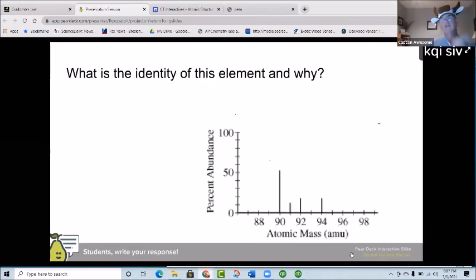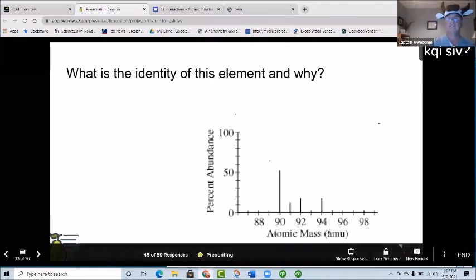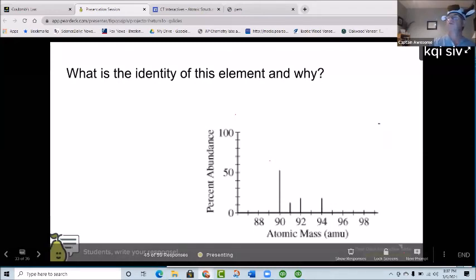The fact that the 90 peak is so high tells me that most of it's 90, so the average atomic mass is going to be closer to 90. So the most correct answer I would probably say is zirconium, but I get where you might say niobium as well. At least none of y'all tried to find 90 or 92 way down on the periodic table for atomic number, because that's not what that was asking for.